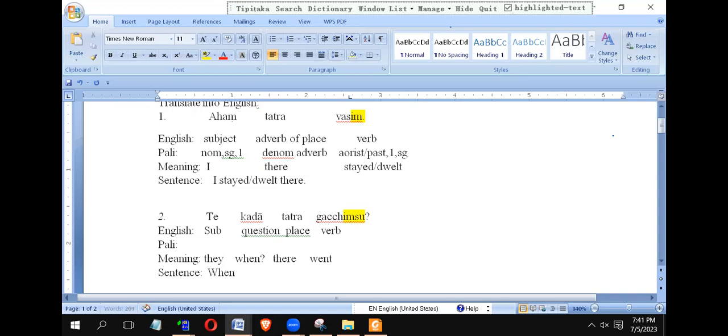So we say, when did they go there? Because it's a question, so this becomes did go. In terms of Pāļi, this is a third person plural, a nominative. Question, we call it the interrogative adverb. Quite long.